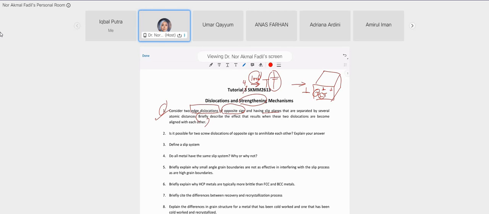Kita apply that basic concept, heating, tetapi kita jangan buat complete annealing. Ini experience saya dengan industri tersebut. Bila kata annealing ni kita tahu alamak nanti properties dia dah tak kuat lah macam yang selepas cold drawing. Sebab purpose kita buat cold drawing bukan saja kita nak kecilkan saiz, tetapi kita nak utilize effect daripada cold drawing process, which is kalau kita kecilkan saiz dia akan improve mechanical properties. So itu sangat typical annealing.